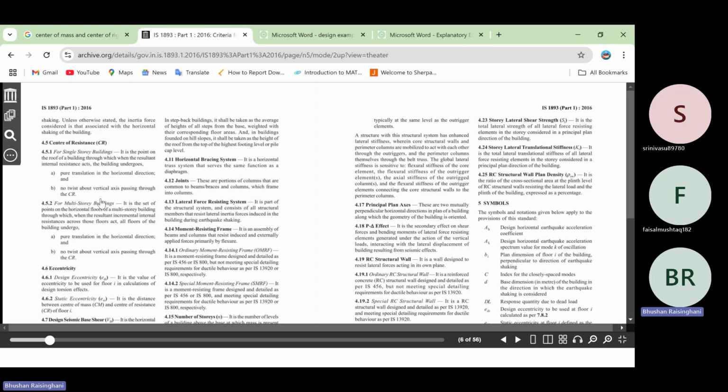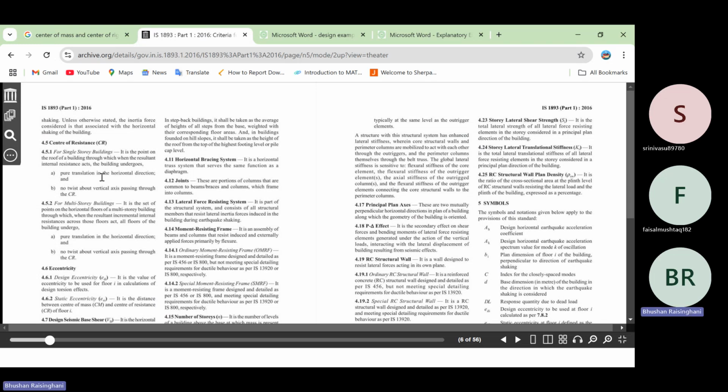So CR is the point on each floor, or on the roof slab if it is a single story building, where the resultant internal resistance develops. So all internal resistance is concentrated in CR. Whatever is the capacity of the vertical elements to take the lateral force is concentrated at CR.